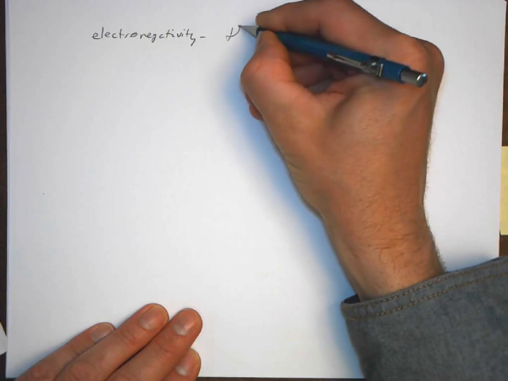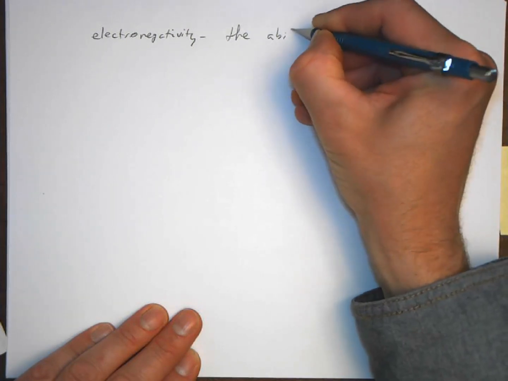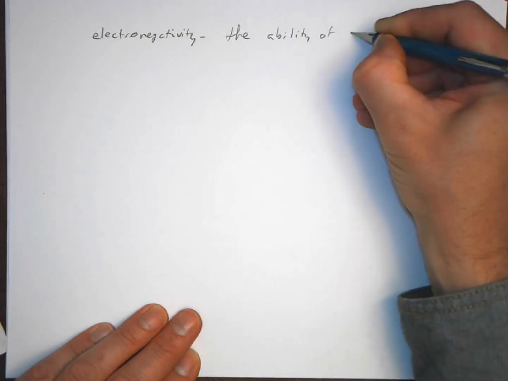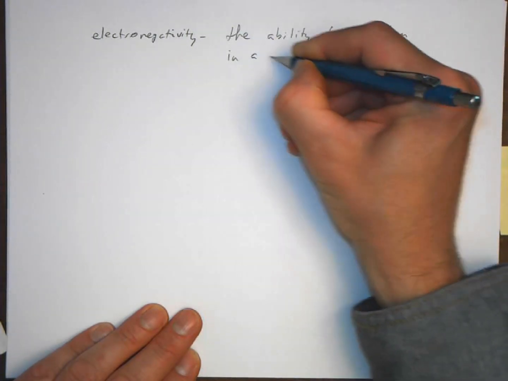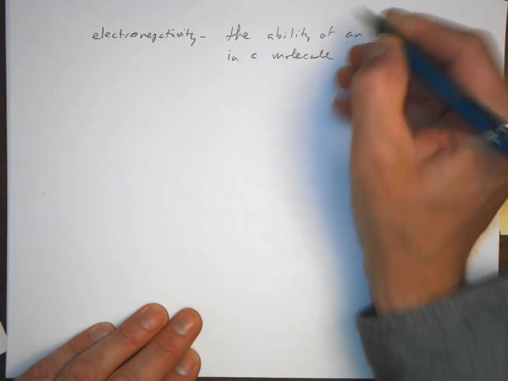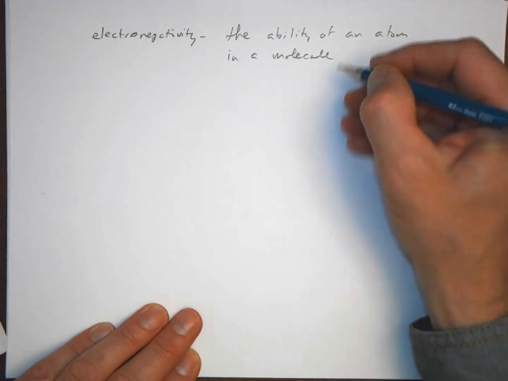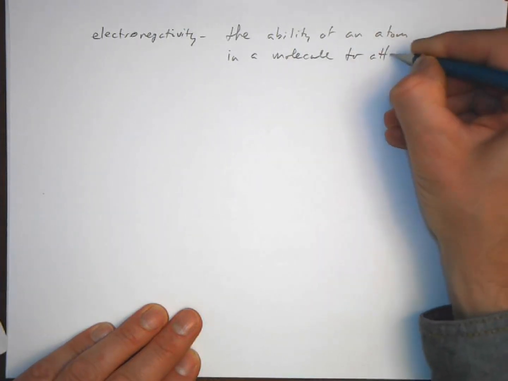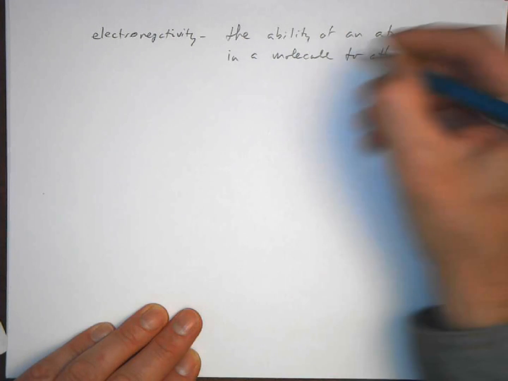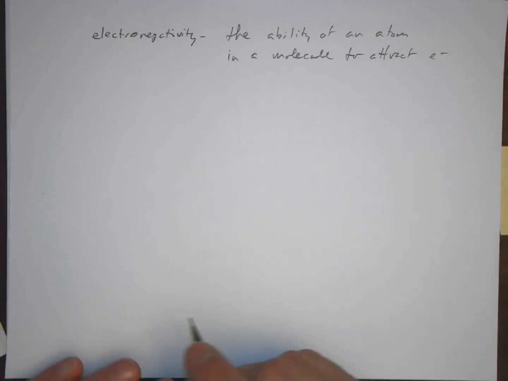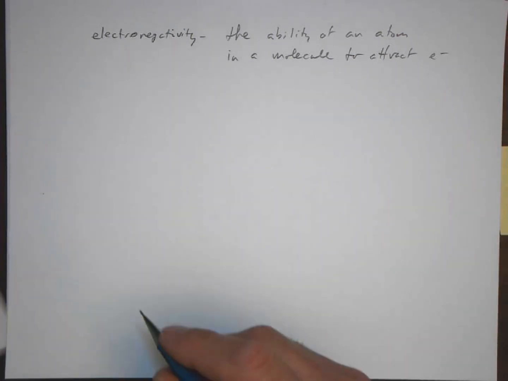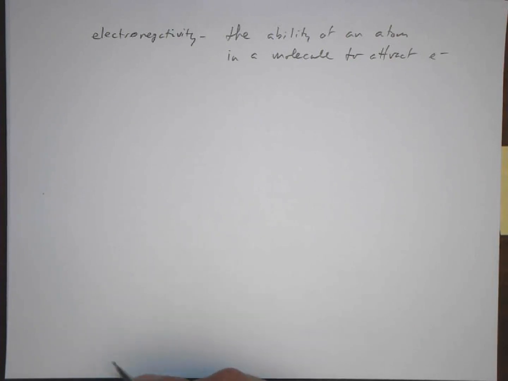Electronegativity is the ability of an atom in a molecule. Note, an atom has to be in a molecule. Okay, electronegativity is the ability of an atom in a molecule to attract electrons. The way electronegativity works is this.